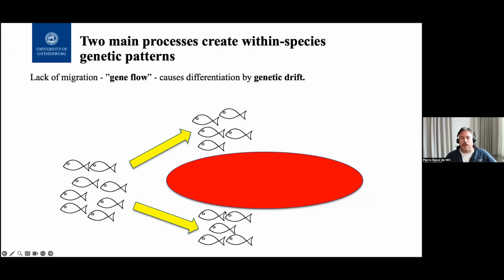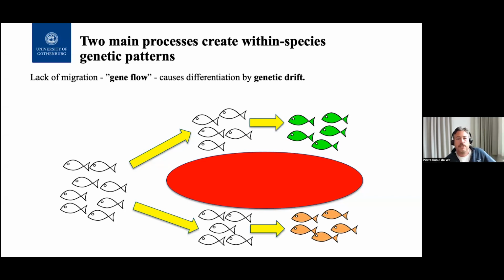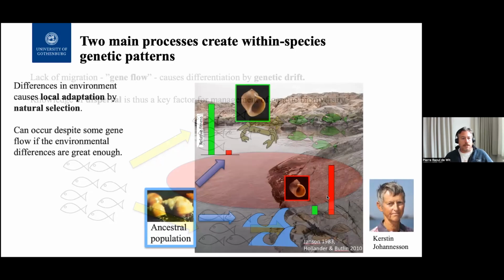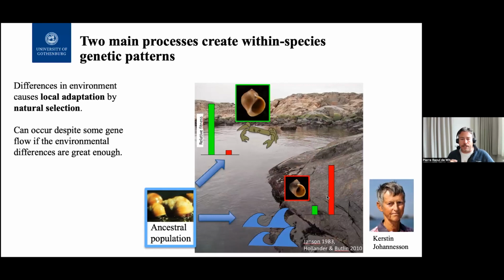With time, genetic differences are going to arise randomly, and since they are not mixing, these random changes are going to create differences between these two populations that are now in different areas. So knowledge about dispersal is very, very important if you want to manage genetic biodiversity. The other factor is local adaptation that I hinted at already. And here you have some of the work of Kerstin Johannesson, who I've been working with.